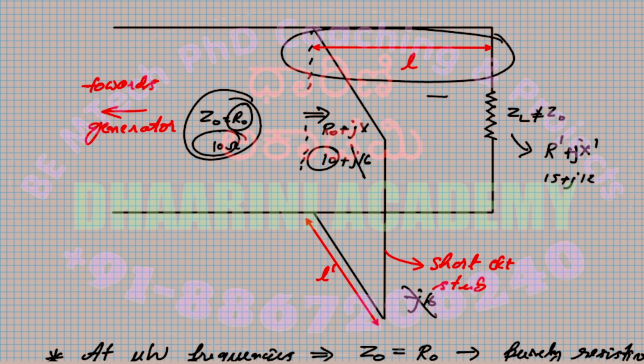So you have to do this. You will be able to recall this step when we solve the stub matching problem on the Smith chart. I have to move a distance L somewhere, so that the real value of the load looks like the characteristic impedance. Real value only. You don't have to match the complex part. The complex part we will try to cancel by using the stub. Is it okay? That part is fine.